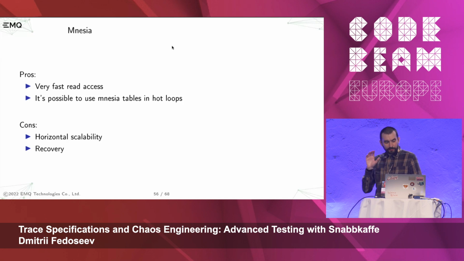We use Mnesia because it gives us very fast read access, so it's possible to read from the tables in rather hot loops. But its problems are also very well known. In particular, it's hard to recover the cluster when it fails, and Mnesia has some problems with horizontal scalability.